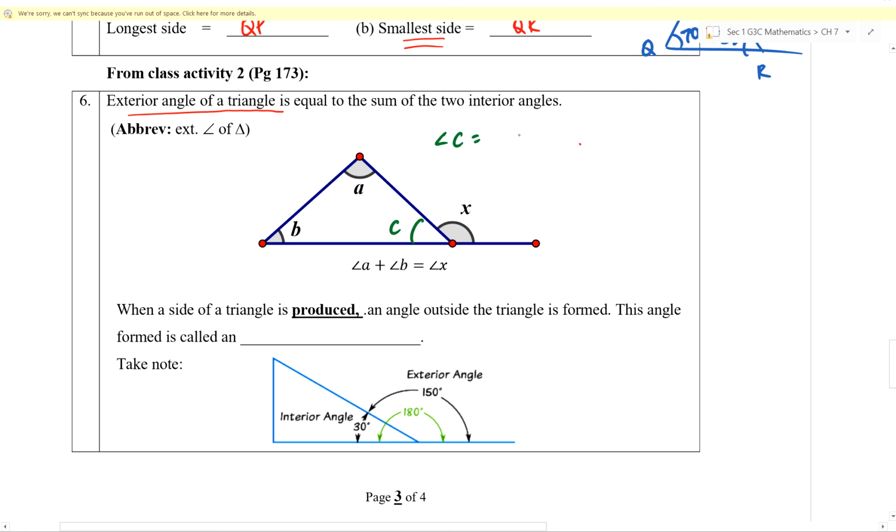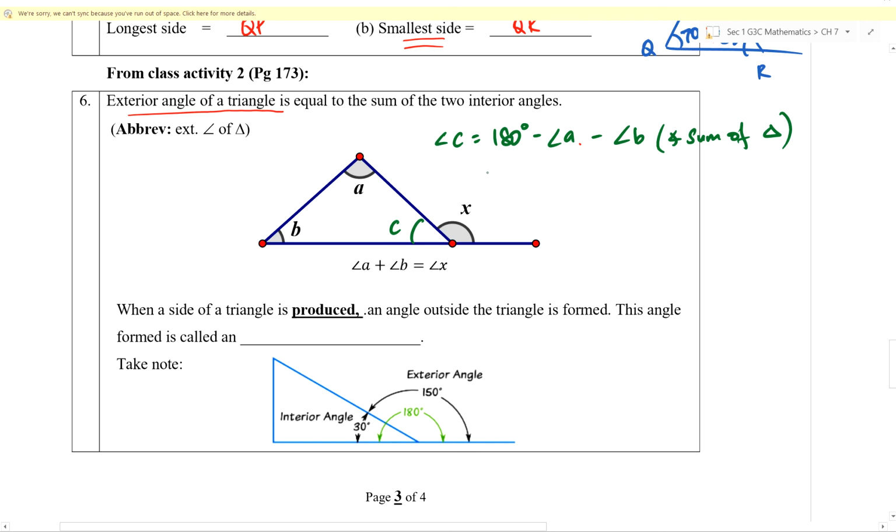Angle C is equal to 180 degrees minus angle A minus angle B. Reason, angle sum of triangle. Whatever angles that are A and B, you will just substitute them in.